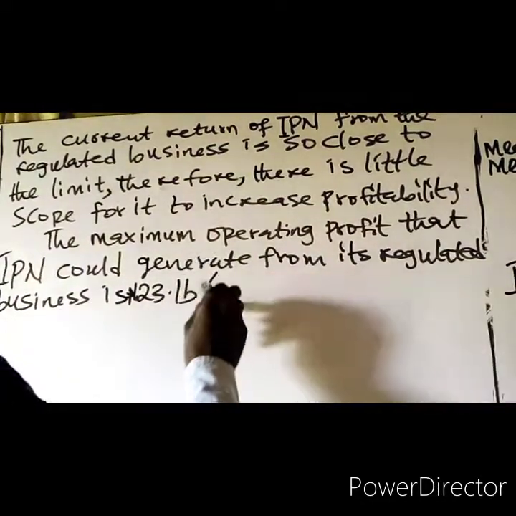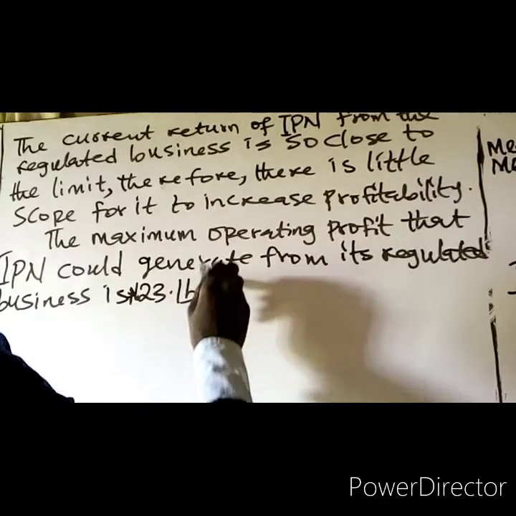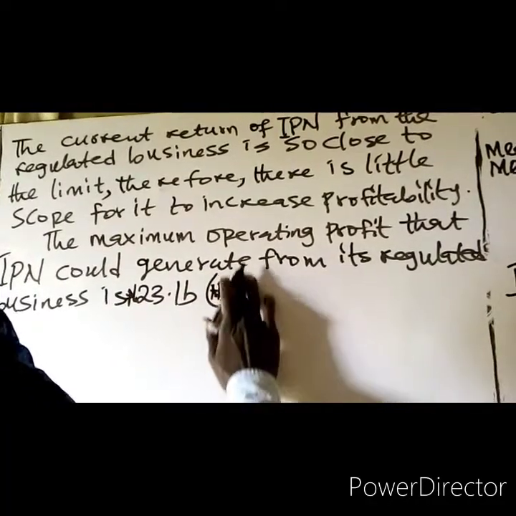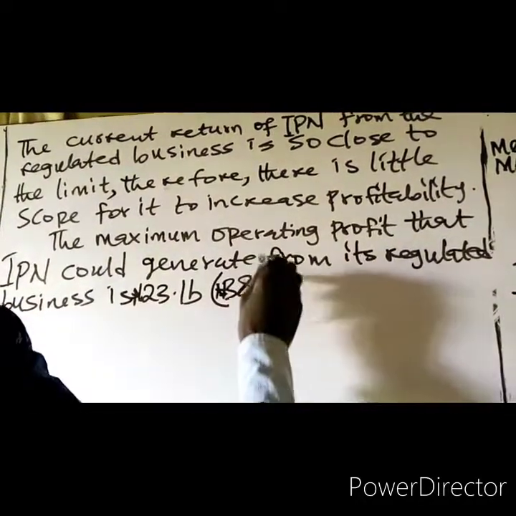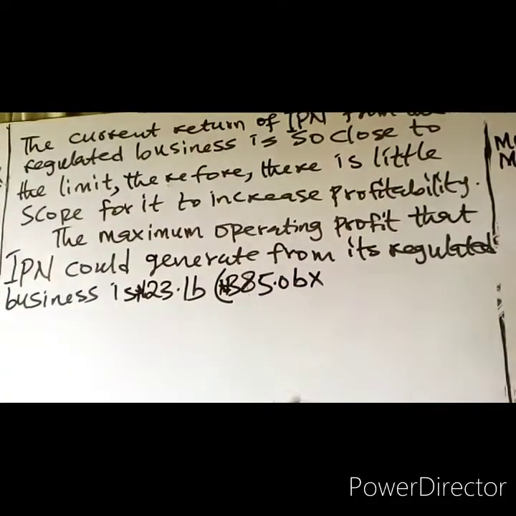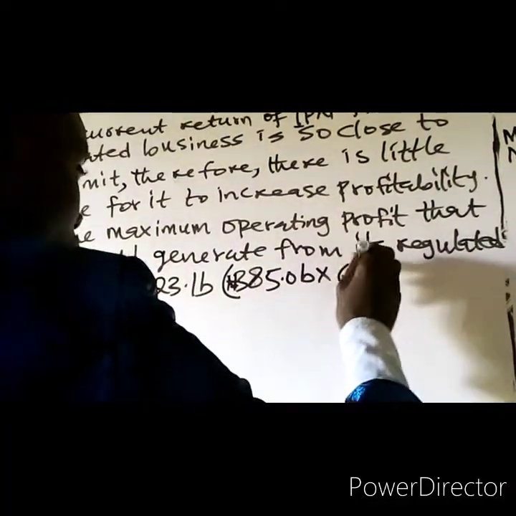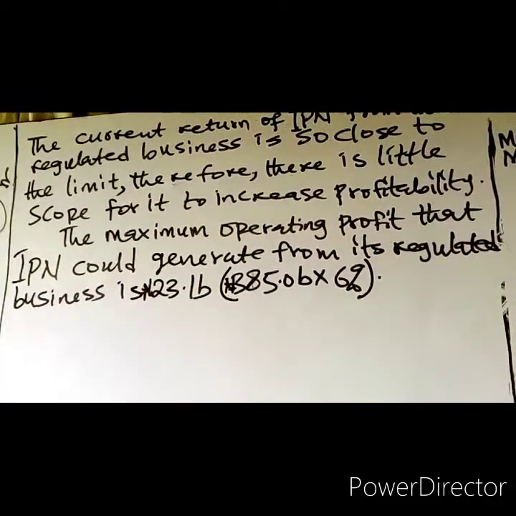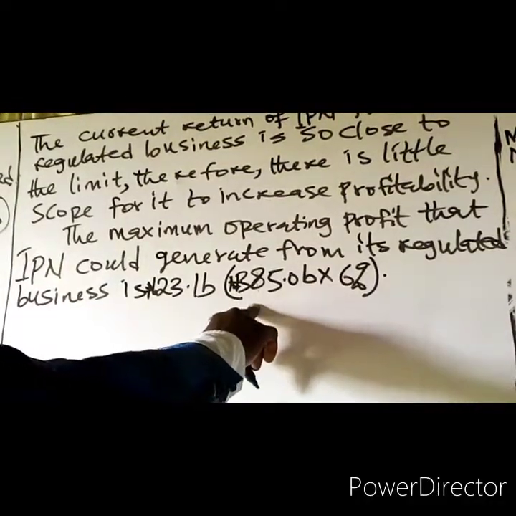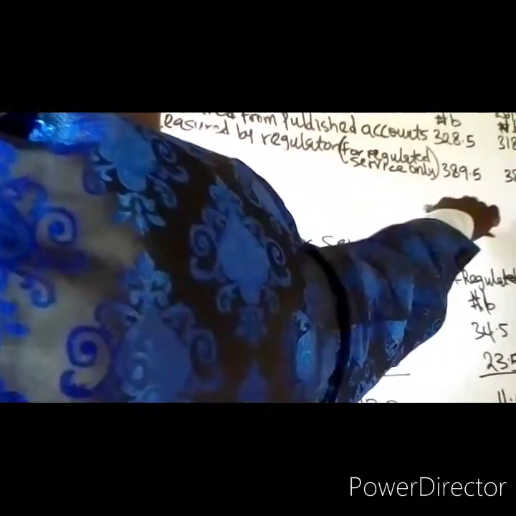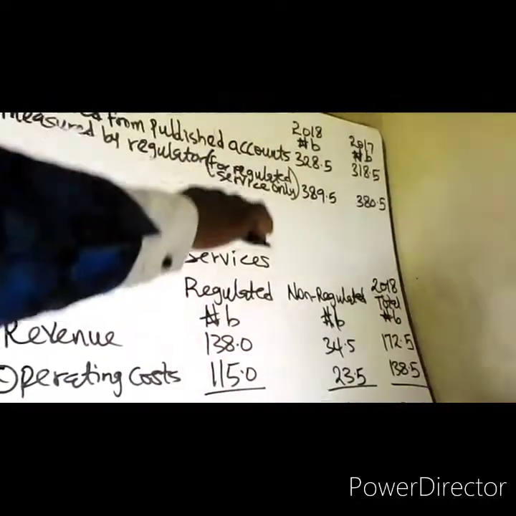That is 385 billion naira, which is the average capital employed as computed, times the target ROCE of 6%. This is the average capital employed we computed by adding the one measured by the regulator, 389.5, plus 380.5, and dividing by 2. That is how we got this.